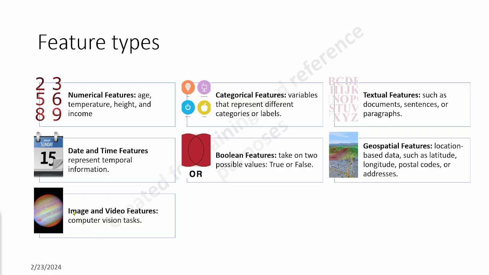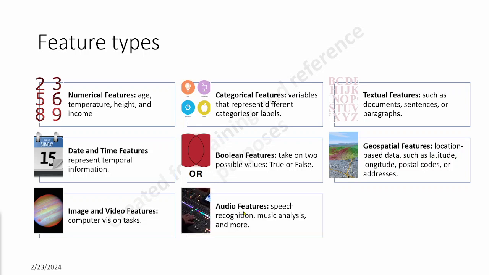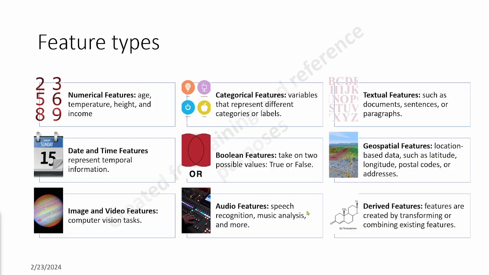Similarly, we have data types like images and videos, typically for computer vision tasks, and audio data, which we deal with in AI, especially for speech recognition, music analysis, or pattern recognition within audio signals. Derived features are additional features that we build out of the existing features.